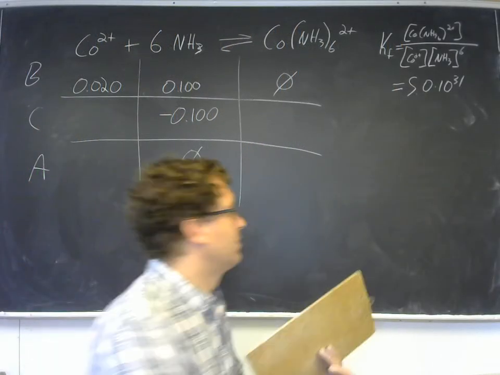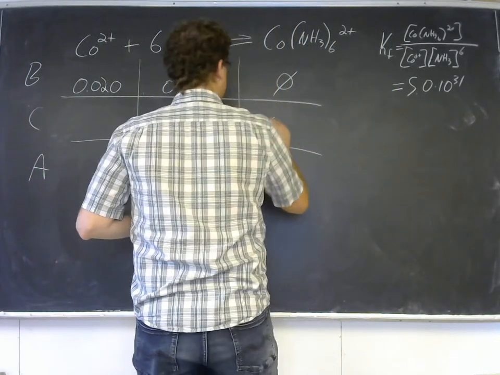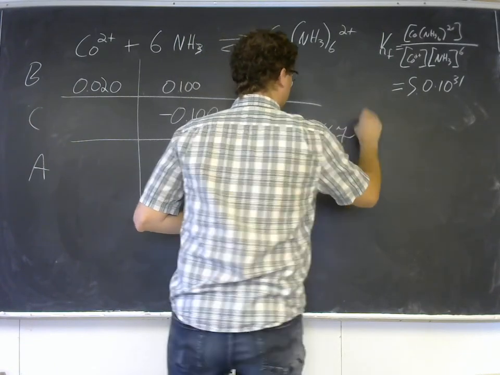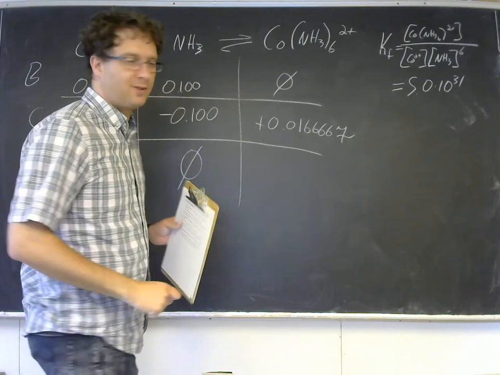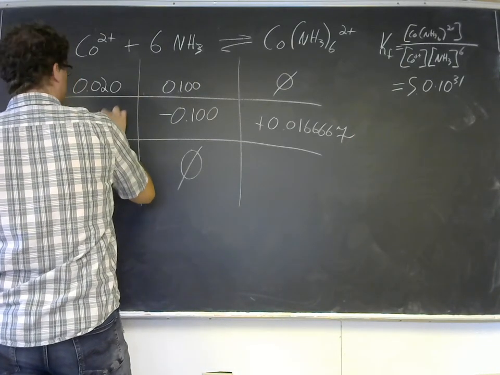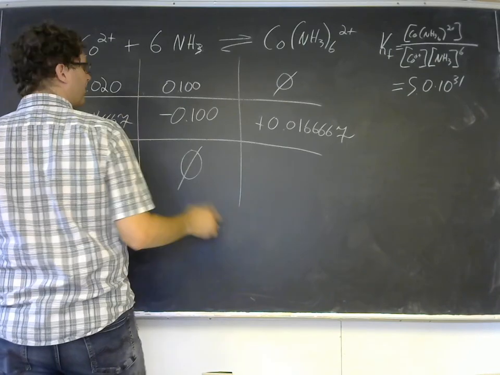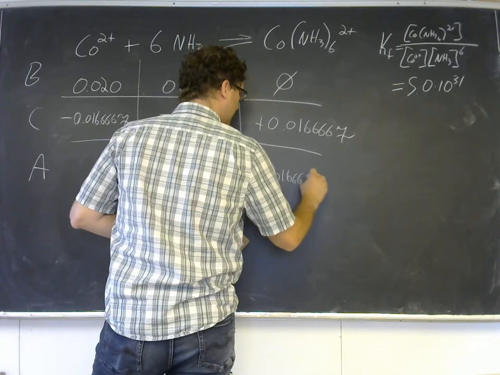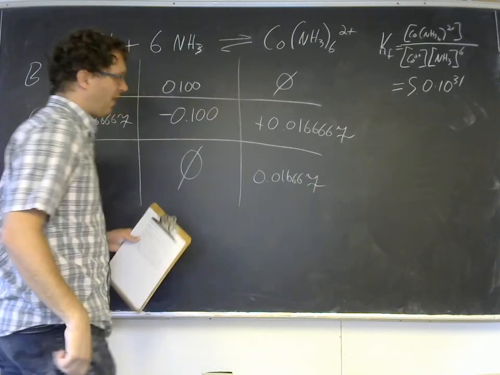So we'll say we have plus 0.016667, and we'll just carry a few extra digits just for fun, and this will be negative 0.016667, and so we end up with 0.016667. Let's just do 5 sig figs, that'll be plenty.